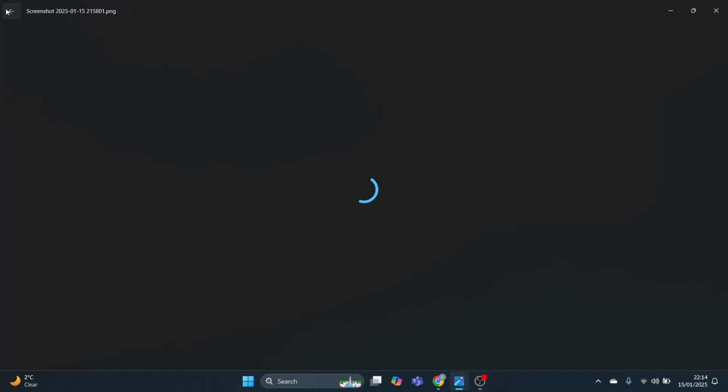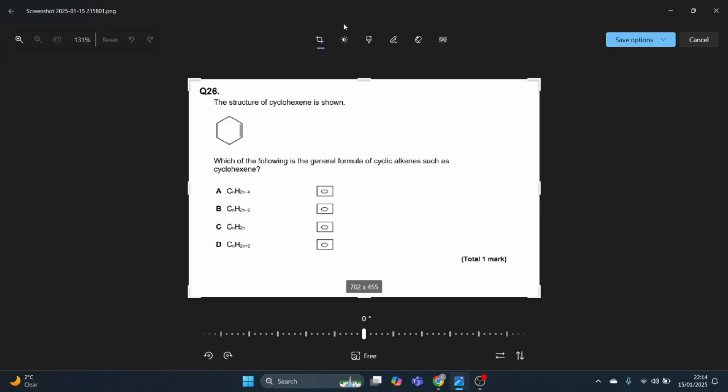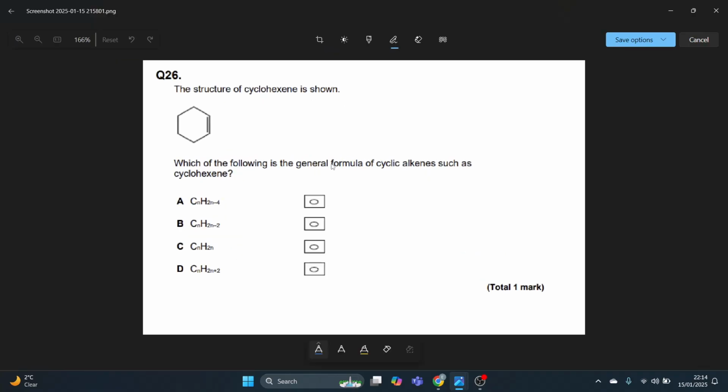In question 26, which of the following is the general formula of cyclic alkenes such as cyclohexene? CnH2n minus 4. You can quite easily do this just by your knowledge. CnH2n plus 2, that's alkanes, not cyclic alkenes.